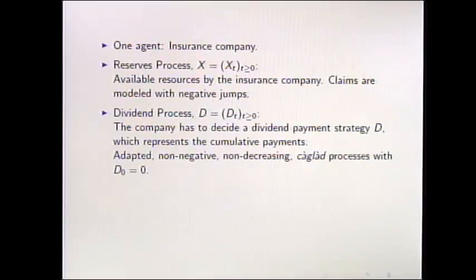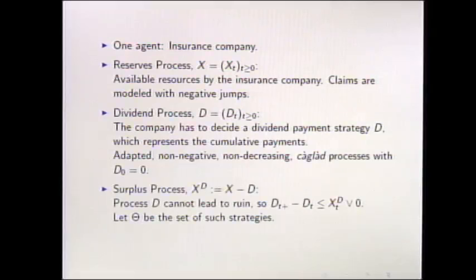So we have this reserve process X. And we have a dividend process D, which is the cumulative payments that the company makes through time. This is an adapted, non-negative, non-decreasing càdlàg process, starting at 0, adapted to the filtration generated by X. And if we have X minus D, we have the surplus process.